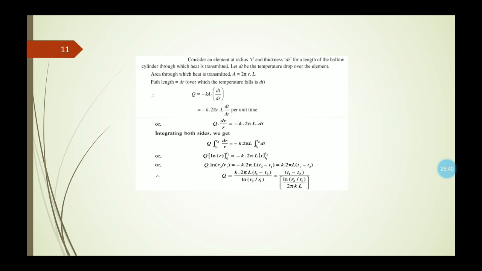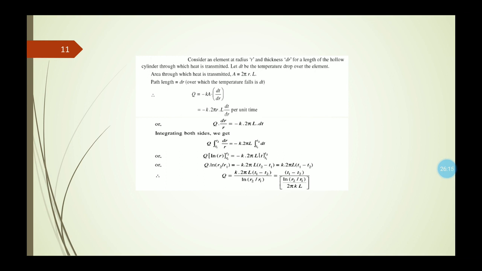Next, the path length is dr, over which the temperature falls by dT. From Fourier's law of heat conduction, we can write Q equals minus KA dT by dr. Replacing A with 2 pi rL, we can represent this equation as Q multiplied by dr by r equals minus K 2 pi L into dT.